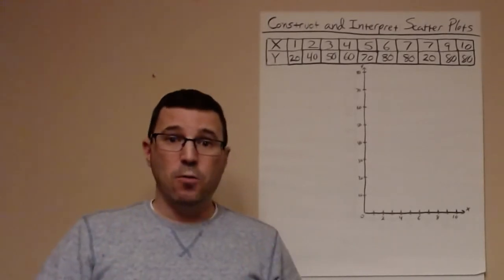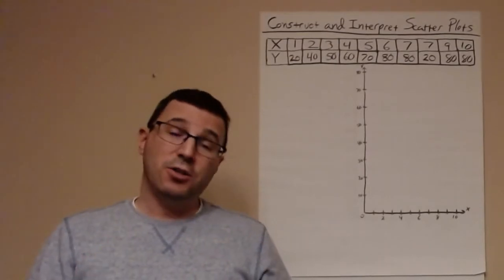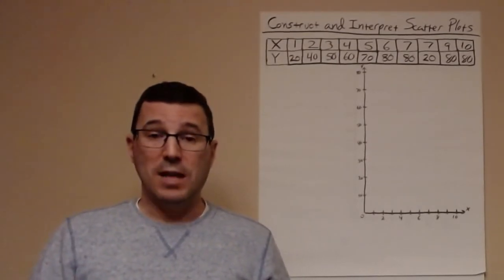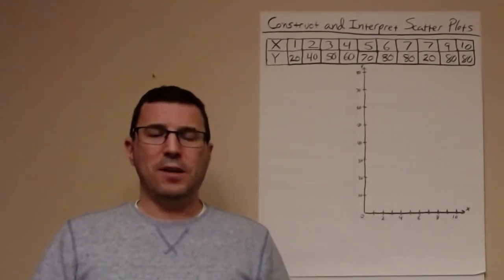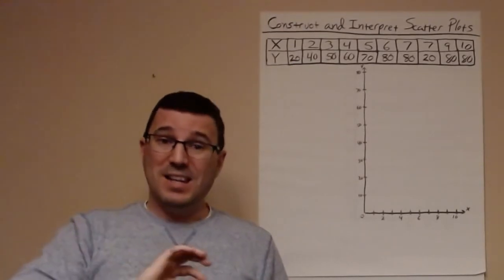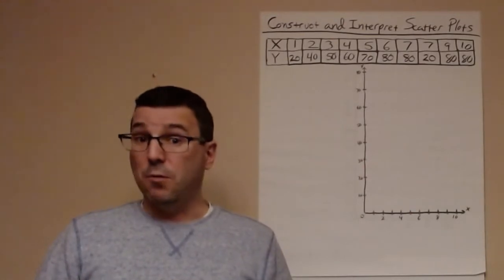In this video we're going to start talking about scatter plots, specifically how to construct a scatter plot and how to interpret scatter plots. Normally when you're graphing information, what you're used to is plotting the points and then connecting them with a line. Scatter plots, that's not what we do.